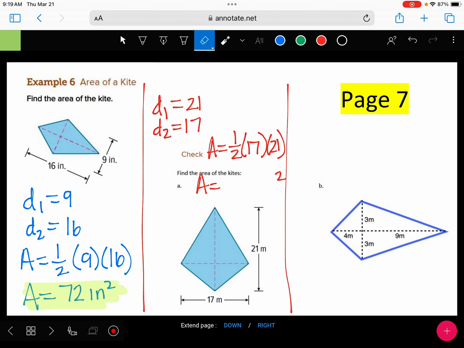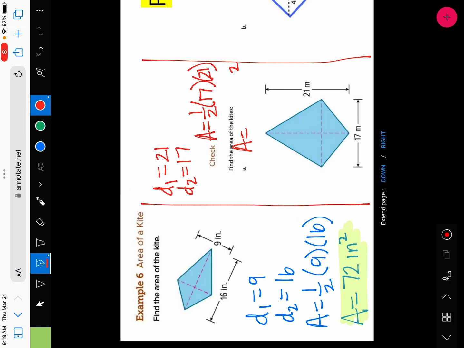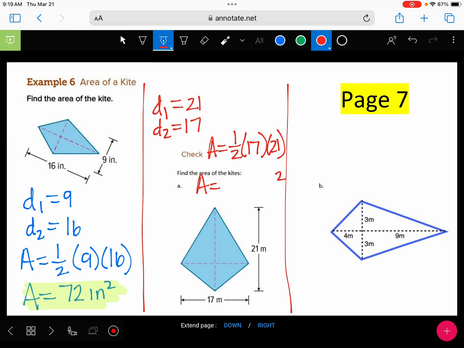Let me fix mine. One second. Okay, did you do this one yet? I thought I probably saw that. Oh, I didn't see it because. It's okay.